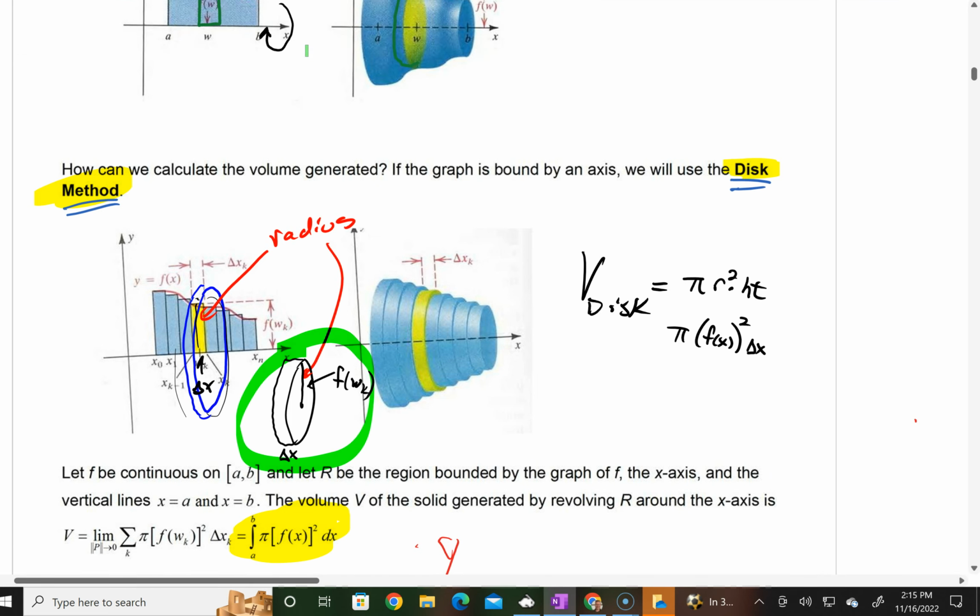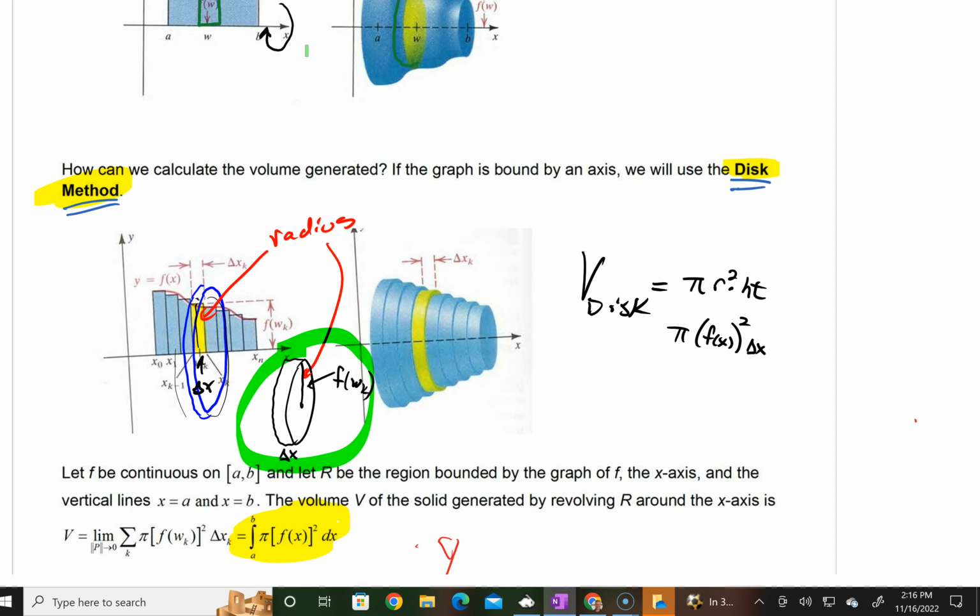If you took that yellow rectangle and spun it around the x-axis, you would create a disk. This is why we're calling this the disk method. We're still going to set up an infinite number of rectangles, but we're going to rotate them around an axis, and you will get an infinite number of disks.